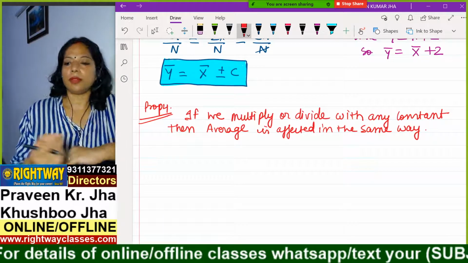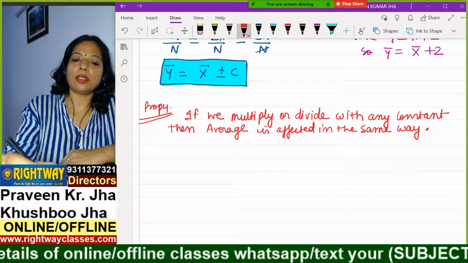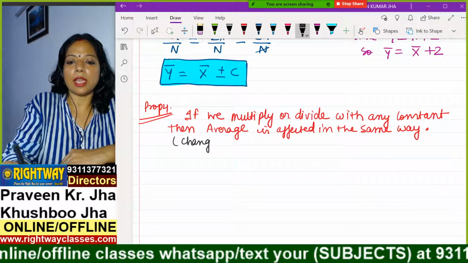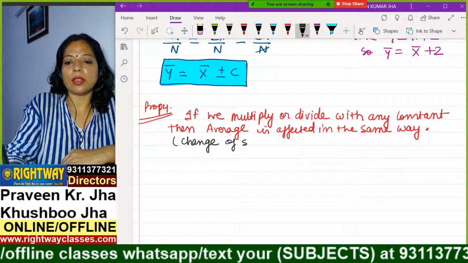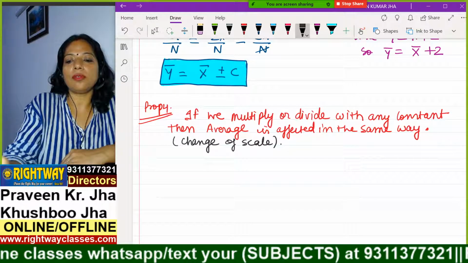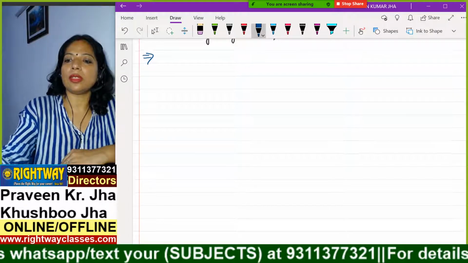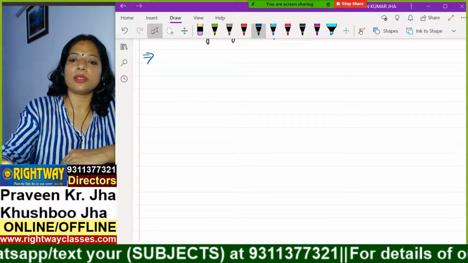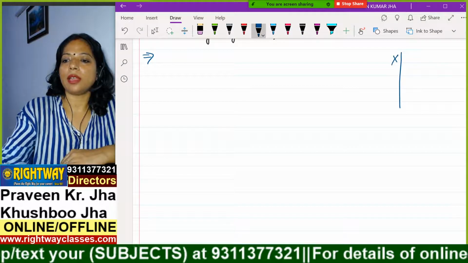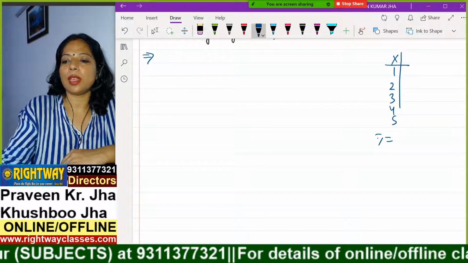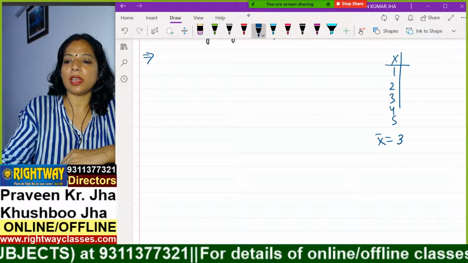In the same way, this is sometimes called change of scale. You can verify, just to remember the property, that if x is 1, 2, 3, 4, 5, we have calculated this mean so many times, it is 3.